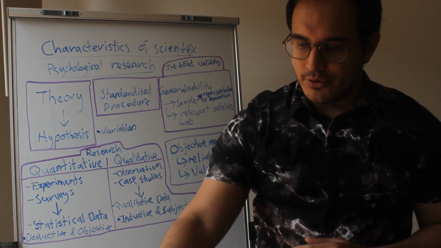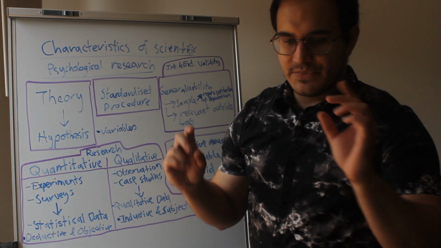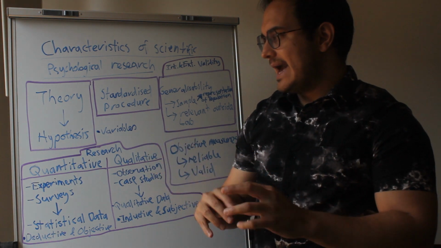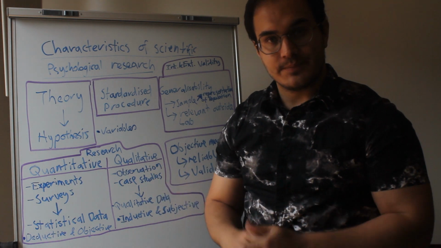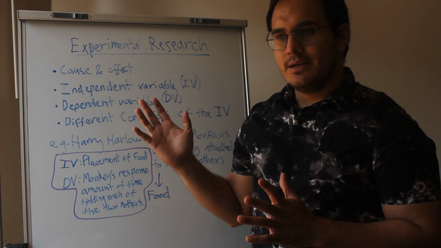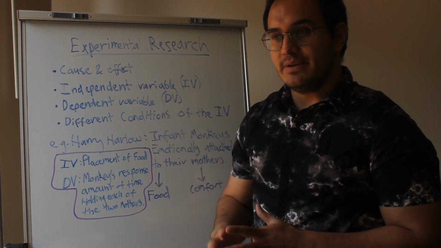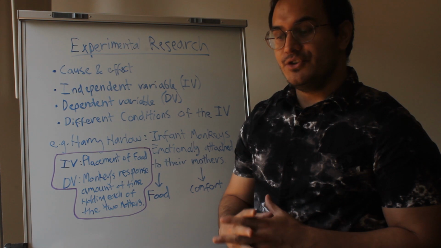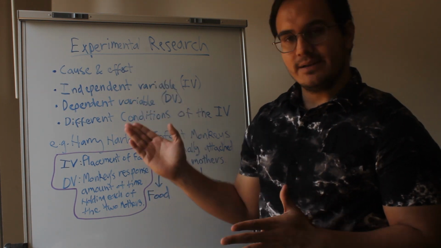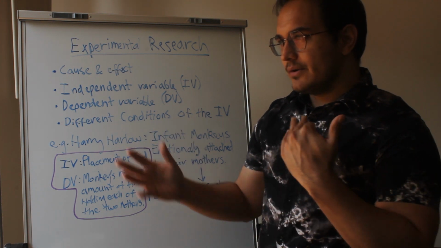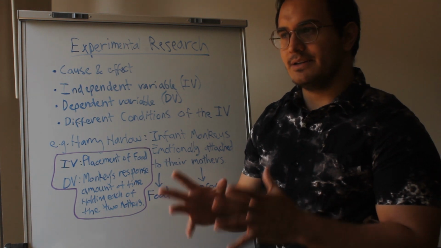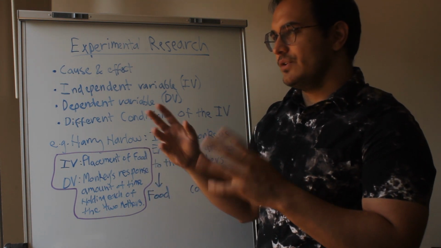Now we're going to move on to digging deeper into experimental research and just laying out quickly how an experiment would take place. So with experimental research, we're able to determine cause and effect only from experimentation. All the other types of research, like correlational studies, can't determine causation.